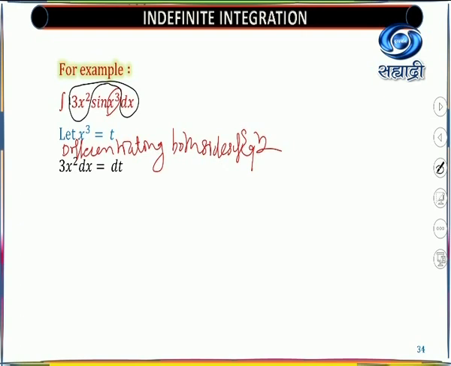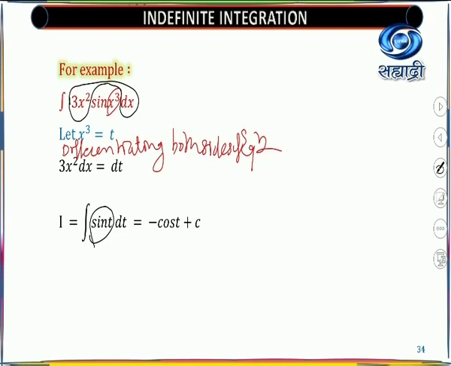So what will you get here? You will get the integral of sine t dt, because 3x square dx is nothing but dt and the rest becomes sine t. Whose derivative is sine t? Sine t is the derivative of minus cos t. Hence you will get the value as minus cos t plus constant of integration.